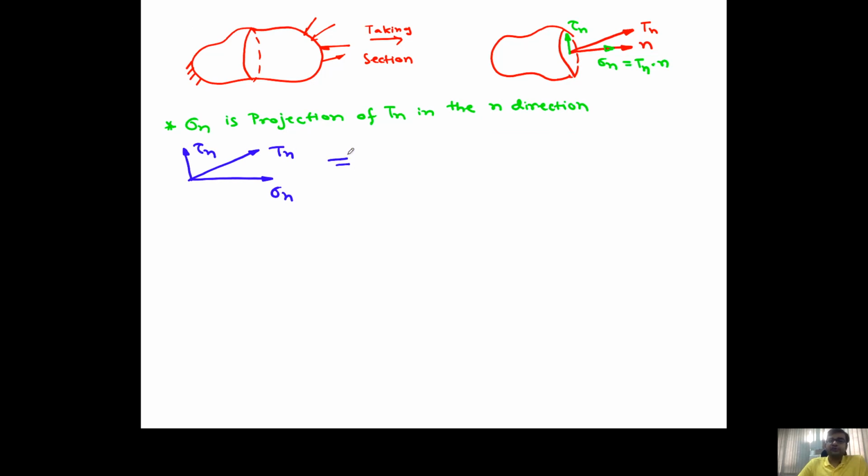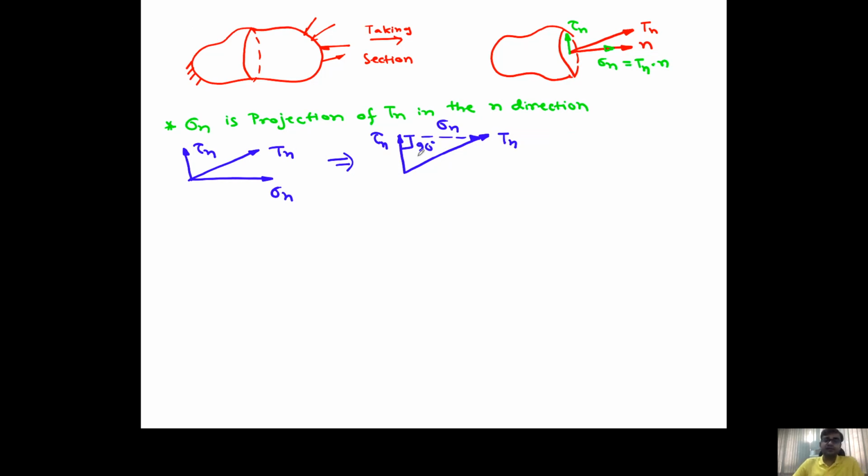Instead of drawing like this, equivalently we can draw it something like this. So this is Tn, this is tau n, and then this is my sigma n. So this angle is 90 degrees.